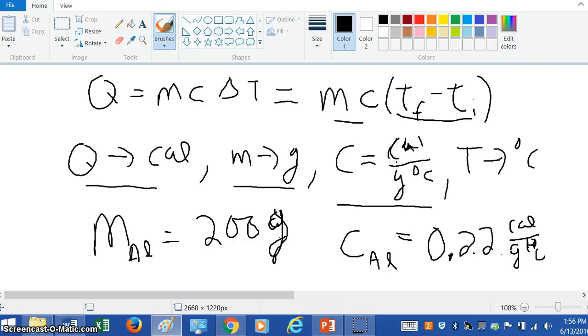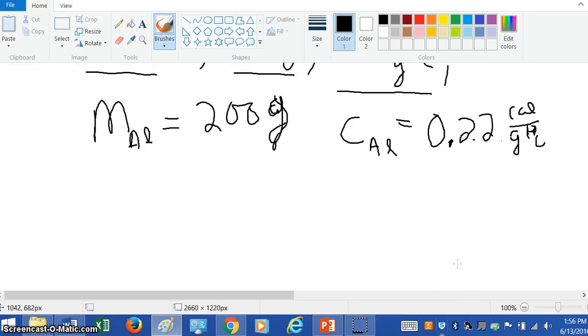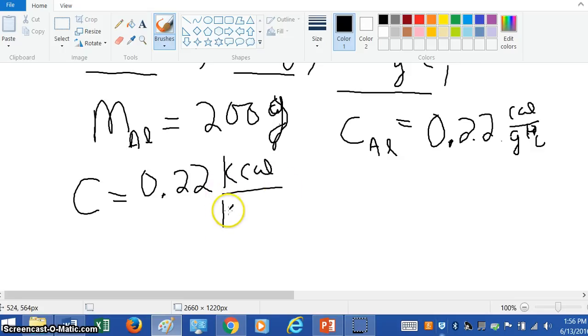Okay, let me point one thing out right here. This specific heat, I know this is important for your homework. If I wrote this as kilocalories per kilogram degree Celsius, so let me just do that real quick. So the specific heat for aluminum is 0.22, and if it was kilocalories, remember those are the food calories, per kilogram degree Celsius.